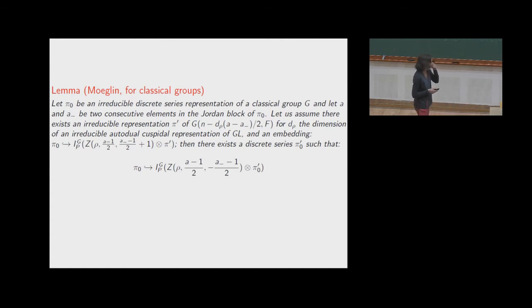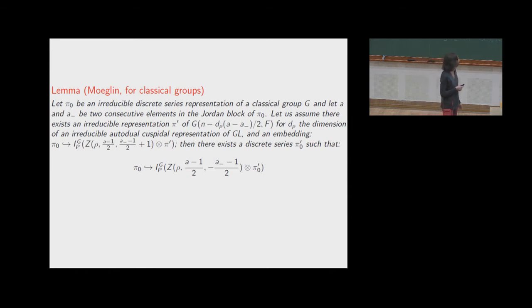So in my work, I have generalized this result of Mœglin on classical groups. So this is a very technical result. You want to embed this generic discrete series. In our context, it's even only a discrete series.